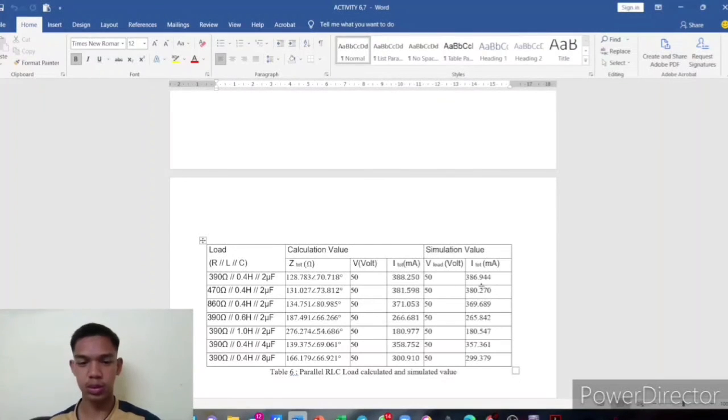After that, we can test for the other RLC circuit, like 390 ohm, inductor 1.0 Henry, capacitor 2 microfarad.